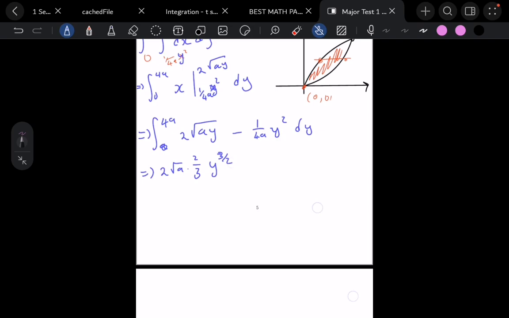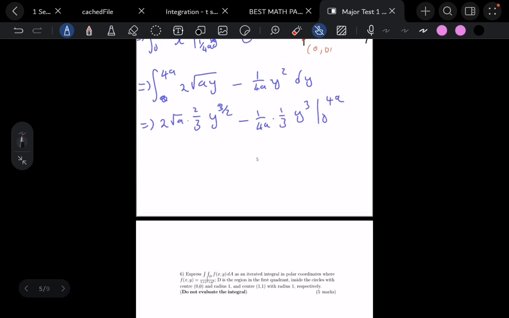If you substitute it correctly, minus 1 over 4a times 1 over 3 y cubed between 0 and 4. So I'm going to get 4 over 3 root a times 4a to the power 3 over 2 minus 1 over 12a times 4a cubed.